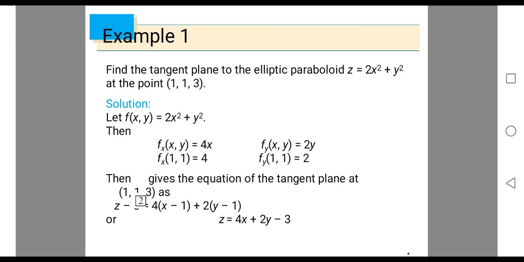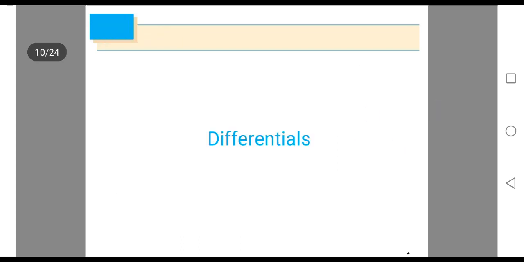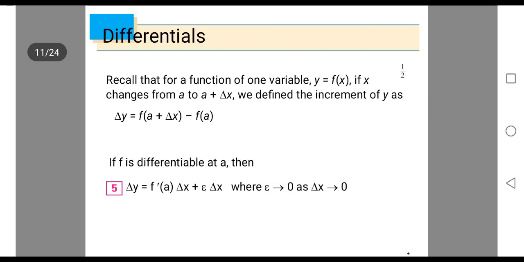All right, now moving to the differentials. So now recall that for a function of one variable, y was equal to f of x, and if x changes from a to a plus delta x, we define the increment of y as delta y is equal to f of a plus delta x minus f of a.